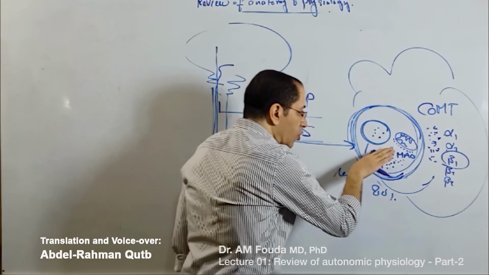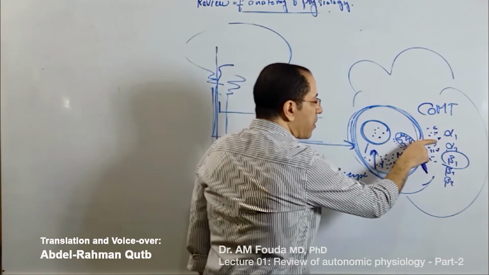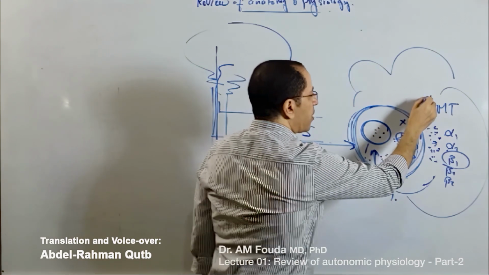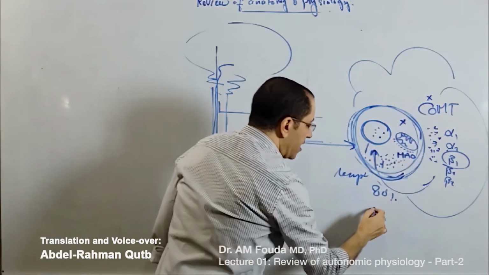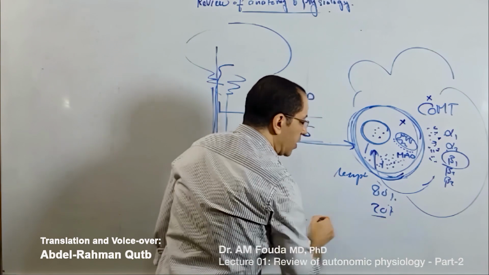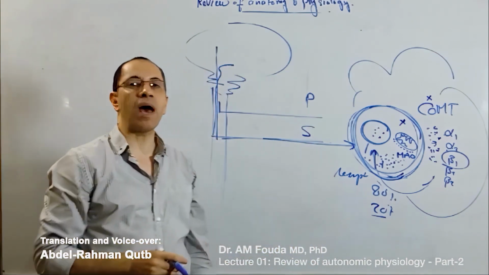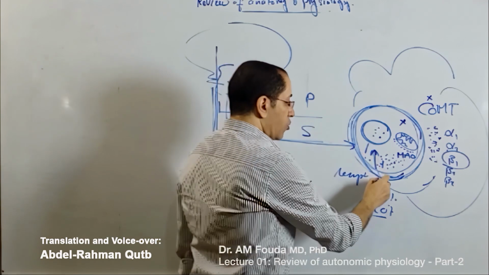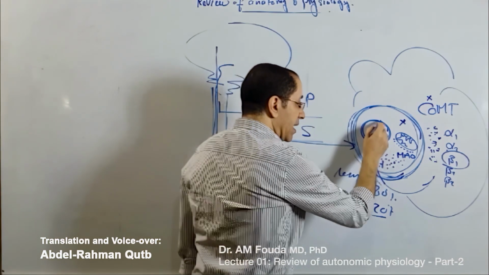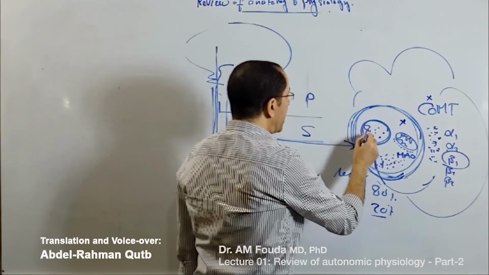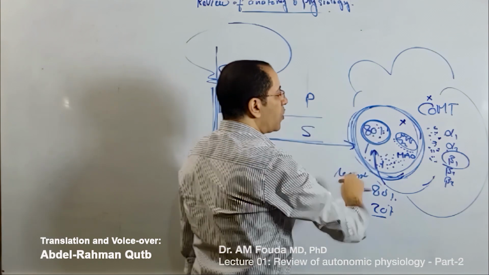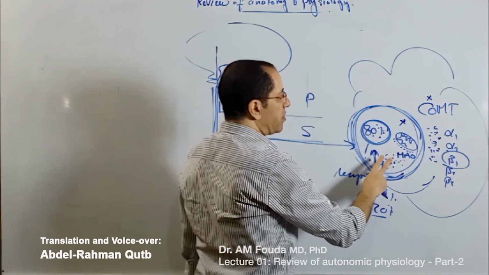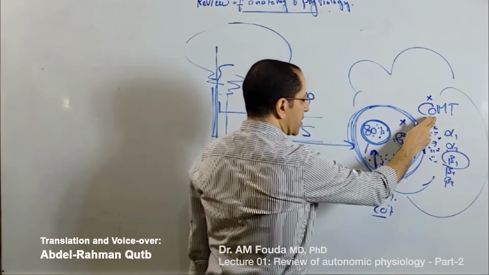The other 20%, which refuse to enter the vesicles, are destroyed by the MAO, and those present in synaptic space are destroyed by COMT. So 20% of the amount is metabolized and 80% of the amount is safely stored inside the vesicles. Again, remember that the 20% that fail to be stored in the vesicles are destroyed either by MAO or COMT enzyme.